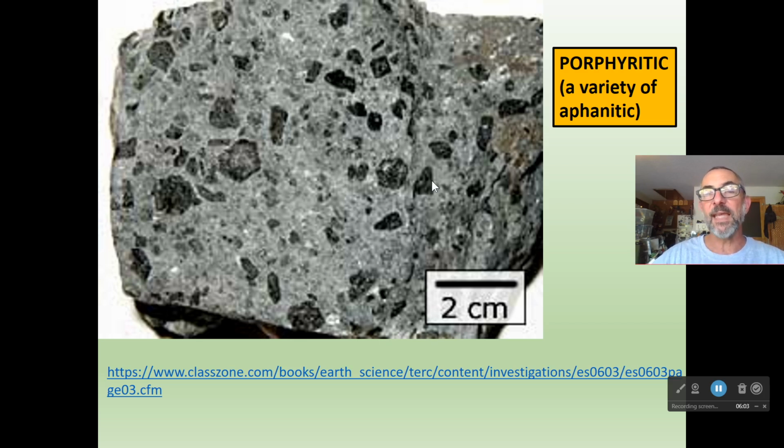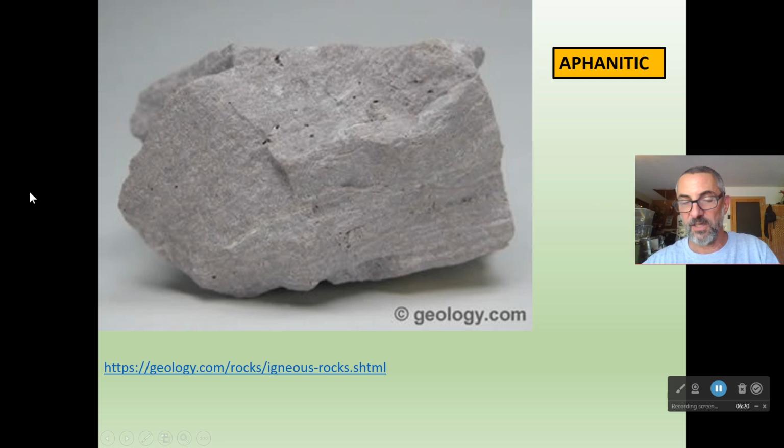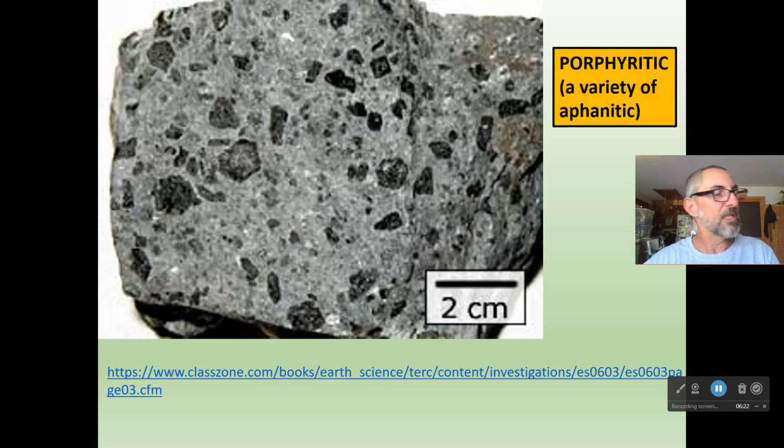So most of this rock, even though there are a few big crystals that we call phenocrysts, most of this rock is still composed of an aphanitic matrix. So this texture that's called porphyritic is really just a version, a subcategory, if you will, of aphanitic. It's still an extrusive rock, but at least one of your samples should have a good porphyritic texture to it.